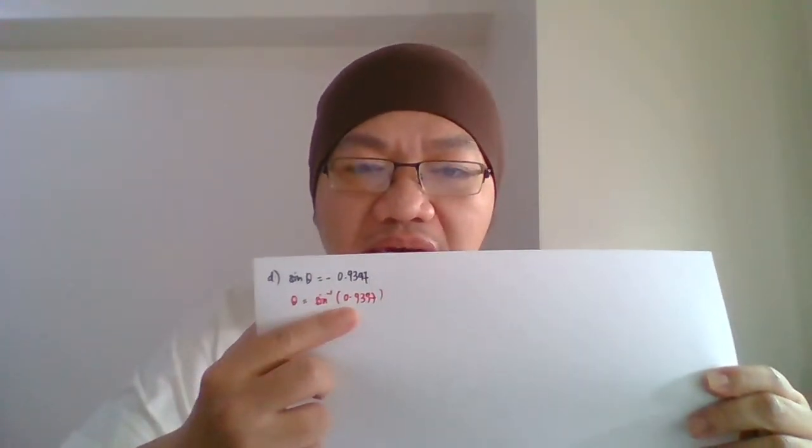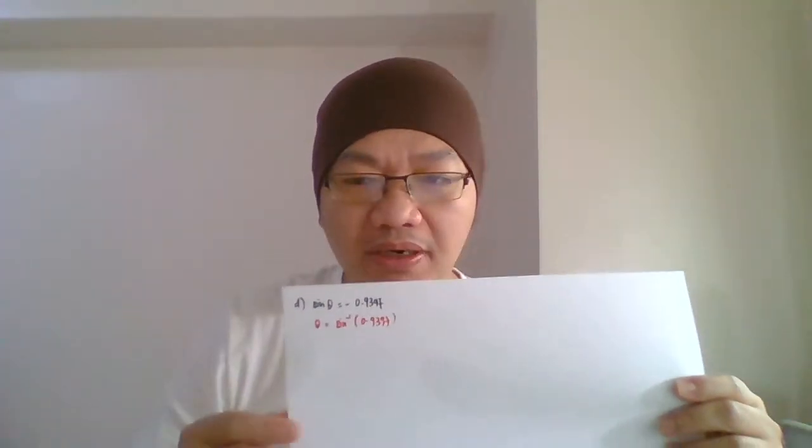Alright. So just put the value and then solve the problem. Now, kalau korang tekan calculator, sin inverse 0.9397, you are supposed to get 70.00 whatever. Now, guys, I told you, if you want to write down an answer that involves angle, 2 decimal places is the maximum.